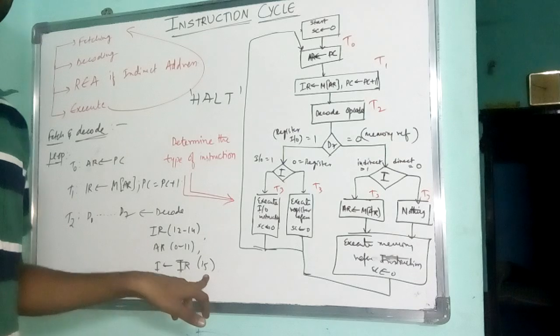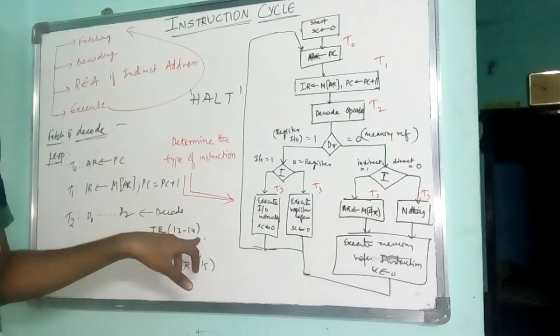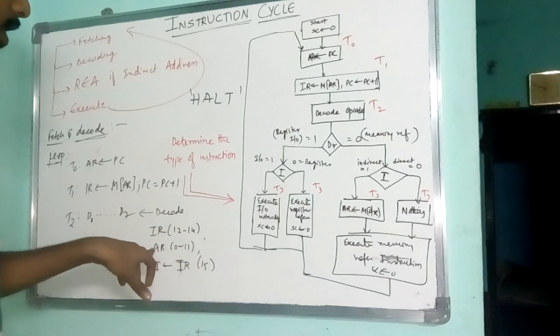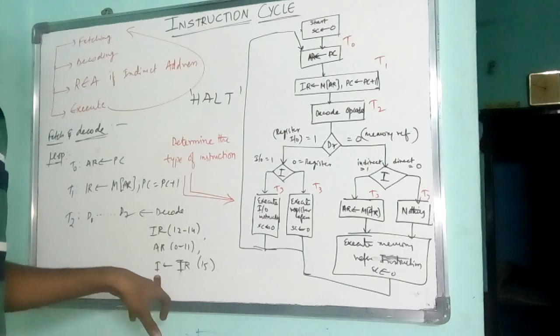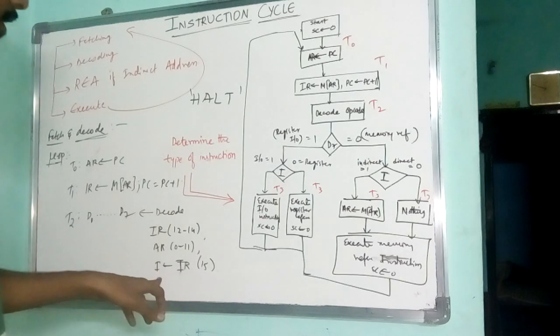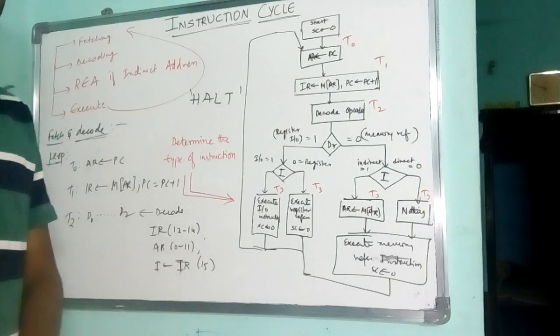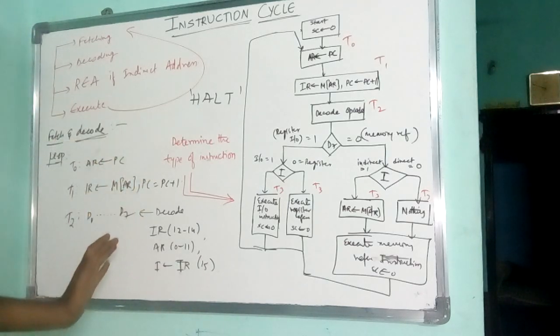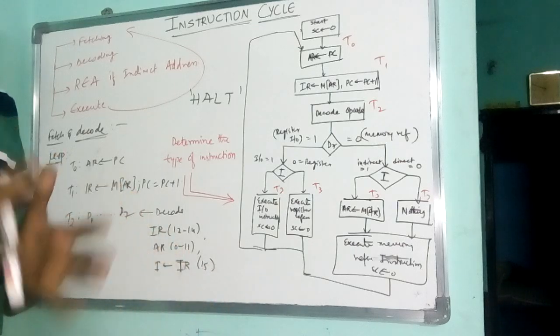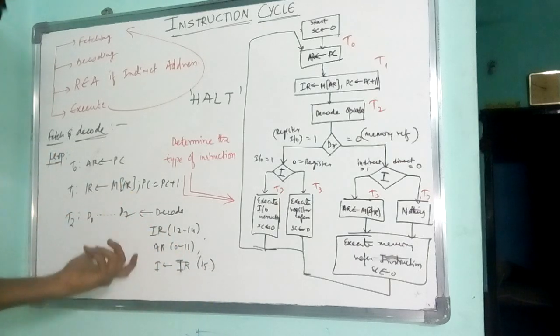It is the 15th bit. So my decoders are D0 to D7, 8 decoders. This is the way I decode my instruction.